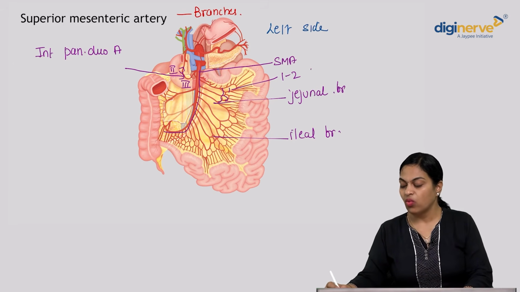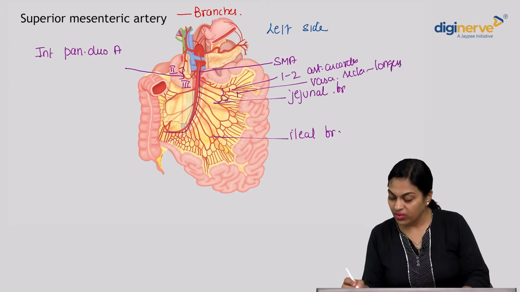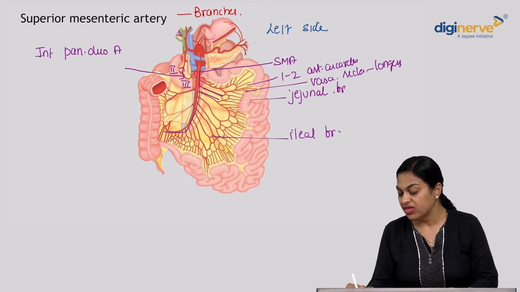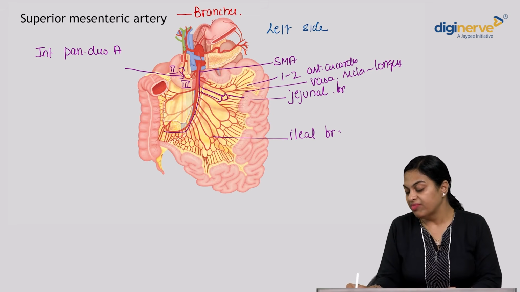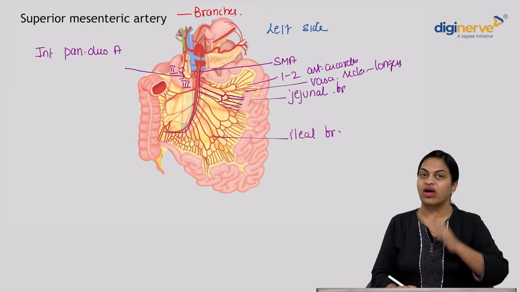In the jejunum, there are 1 to 2 arterial arcades, and the vasa recta arising from these arterial arcades are longer. So these are the jejunal branches. You can see them forming the arterial arcades, and the branches coming from the arterial arcades to supply the jejunum are called vasa recta.